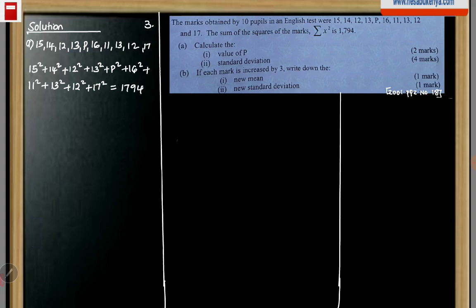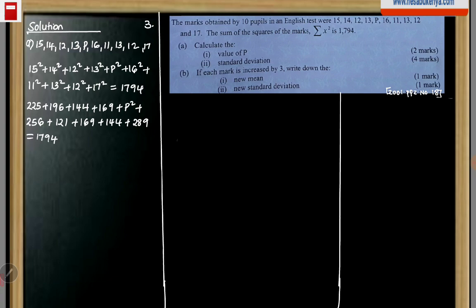So squaring them, we will have 225 plus 196 plus 144 plus 169 plus P squared plus 256 plus 121 plus 169 plus 144 plus 289 being equal to 1794.